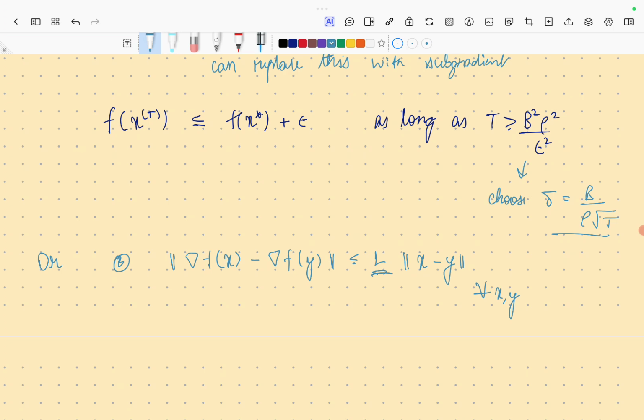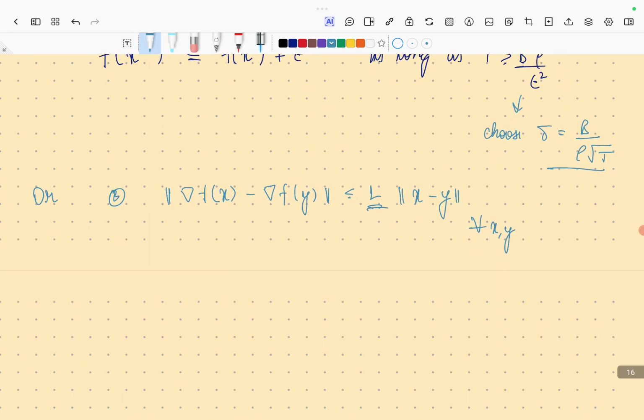All right. And in fact, if you make these assumptions, then you can show that you can get the same sort of guarantee as long as t is greater than or equal to some constant times L b squared divided by epsilon.